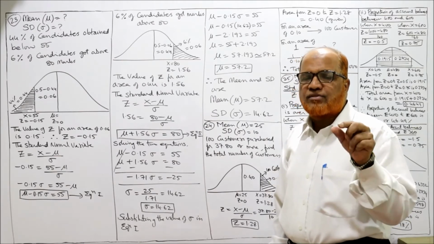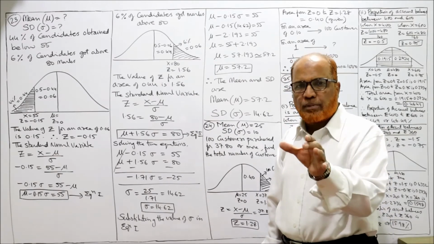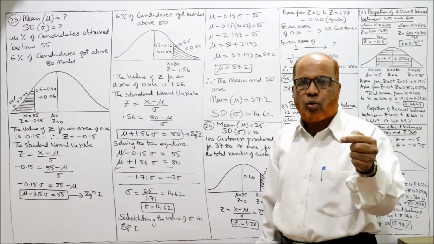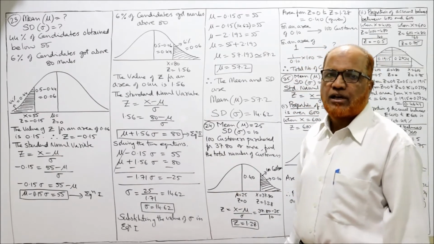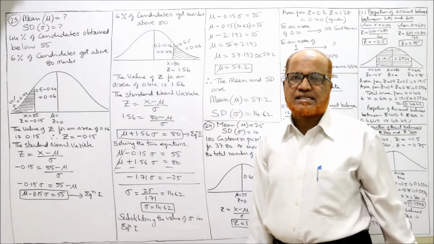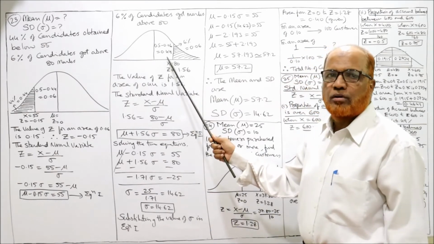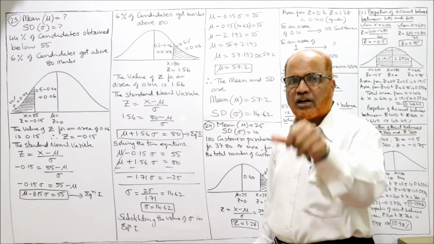Now we locate it in the area table. What is the value of Z for an area of 0.44? In the body of the table we locate 0.44, in which row and which column. You will find it in row 1.5 under the column 6.